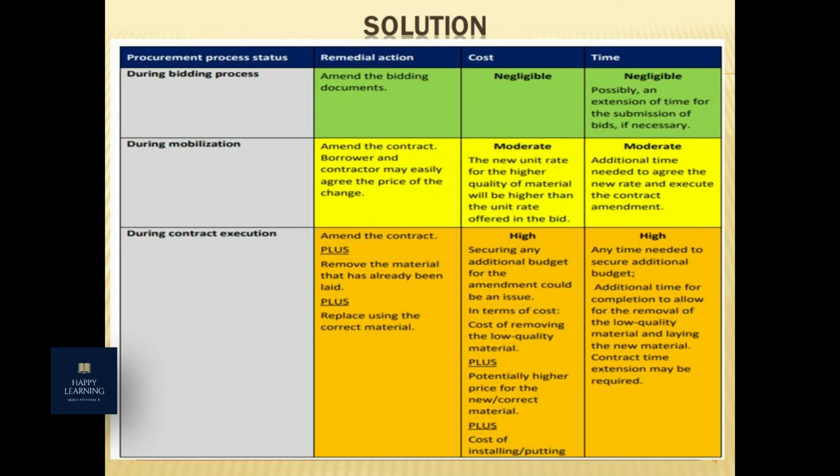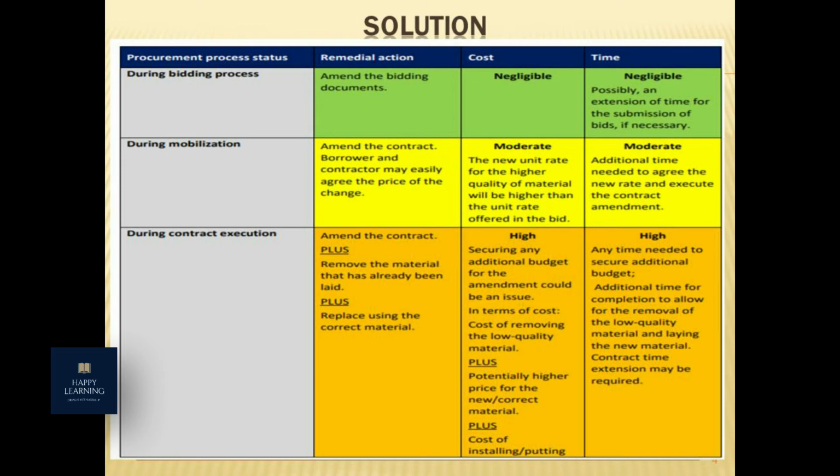And in the third stage of the procurement process, if we find any defect during the contract execution period, like earlier, we should amend the contract, plus remove the material that has already been made, plus replace it using the correct material. Obviously, the cost and time would be higher.